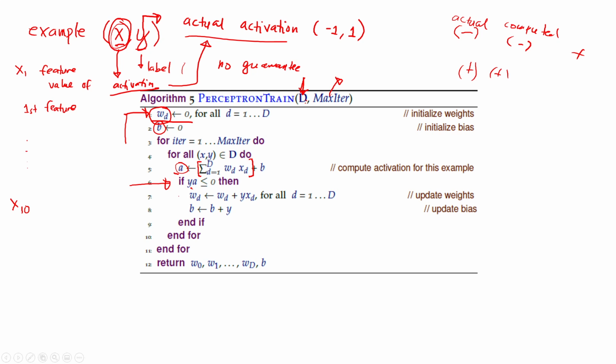Now when we got the wrong activation, this is where we need to adjust, and the way we can adjust the weights is just to multiply the label by the feature value.